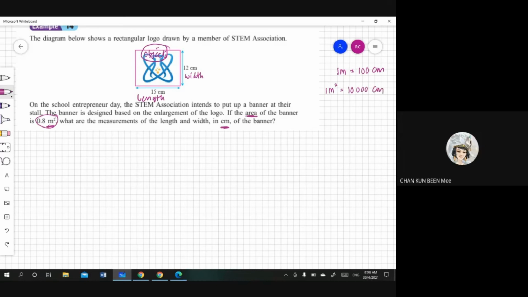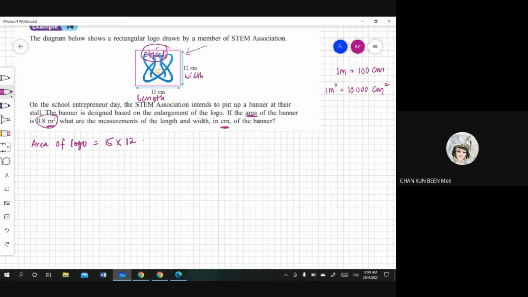10,000 square centimeters. Okay, now I'm going to find the area of the logo first, the area of the object. To find the area of the logo will be easy, because you just need to use length multiplied by width. Write down properly. Area of logo is equal to 15 times 12.